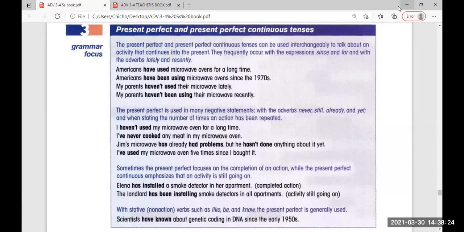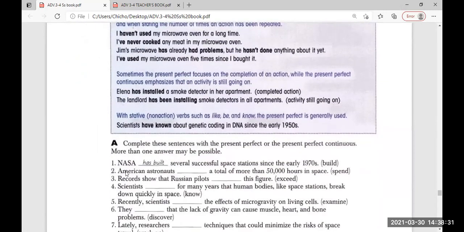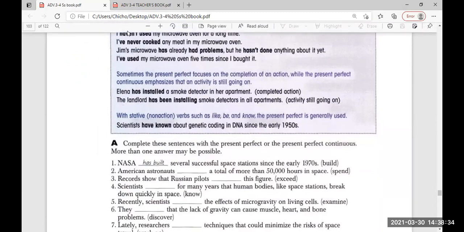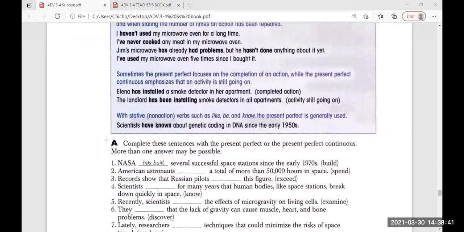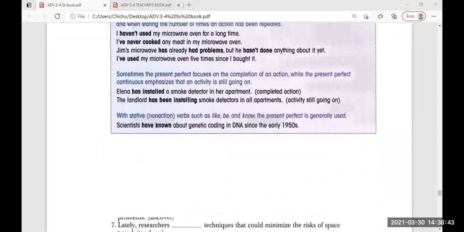Teacher, could you give an example of the last form, but with like? Yeah, okay. I'm going to write an example here. For example, I've liked the movie. Okay.